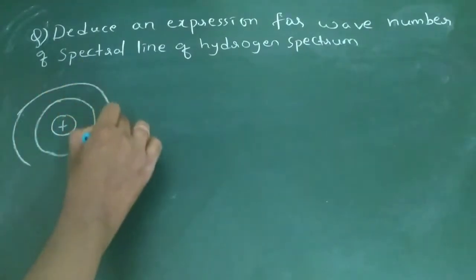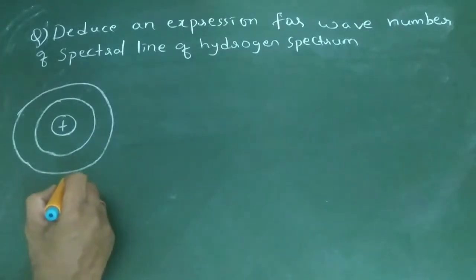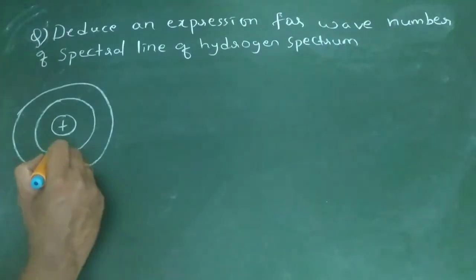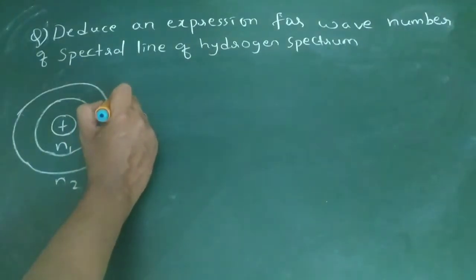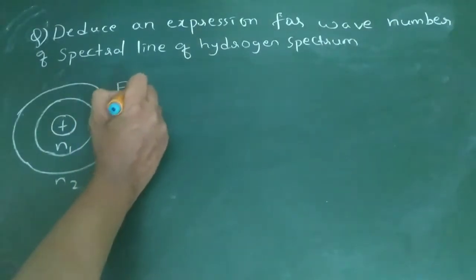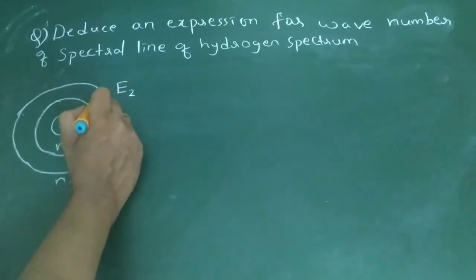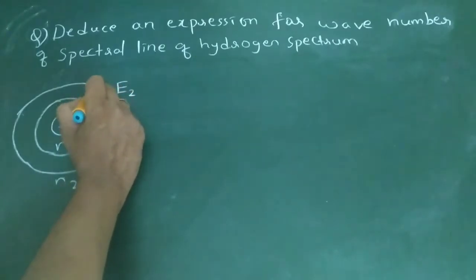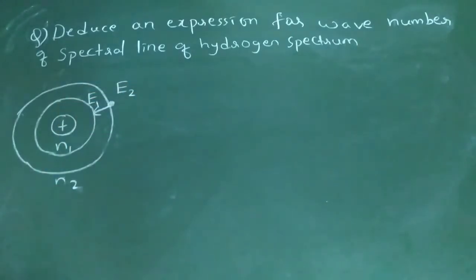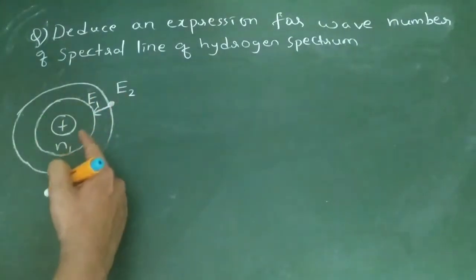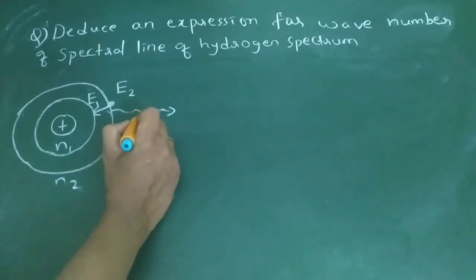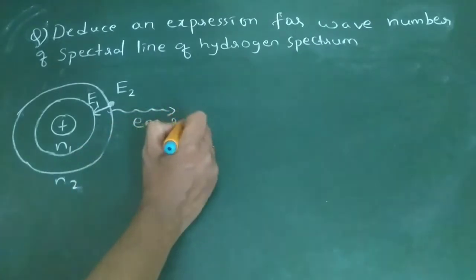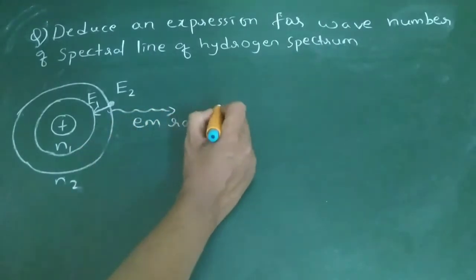Let me call this orbit N2 and this orbit N1. If an electron having energy E2 jumps to energy E1, it is going to emit certain radiations which we call EM radiations.